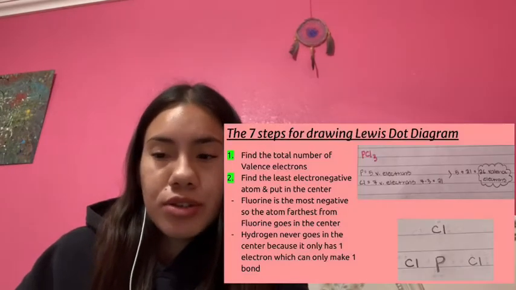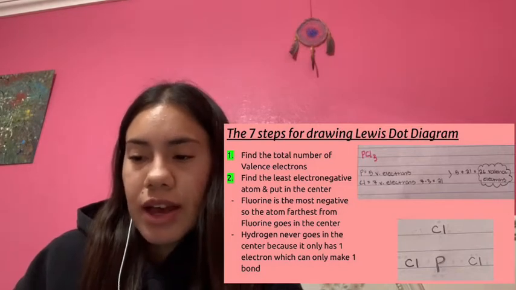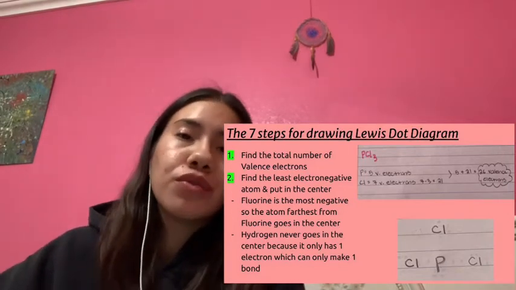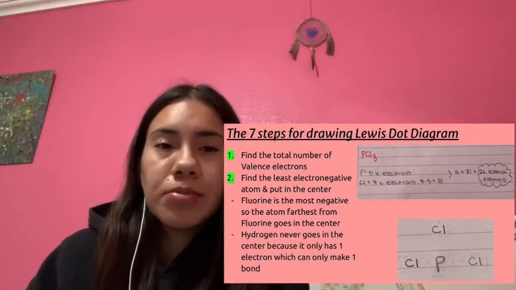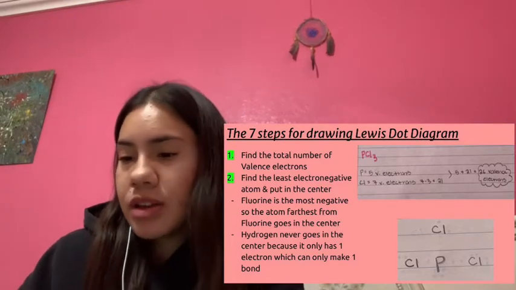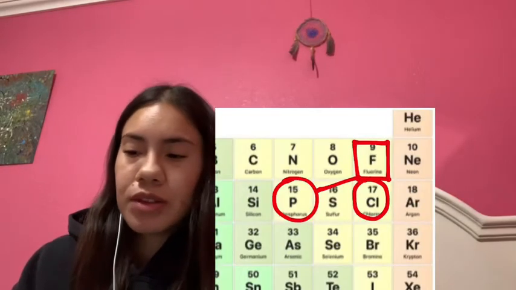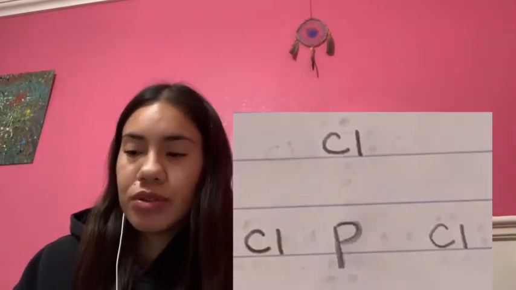Step 2 is to find the least electronegative atom and put it in the center. Fluorine is the most electronegative atom, so whichever element is furthest away from fluorine goes in the center. As we can see, phosphorus is furthest away from fluorine, so phosphorus goes in the middle.